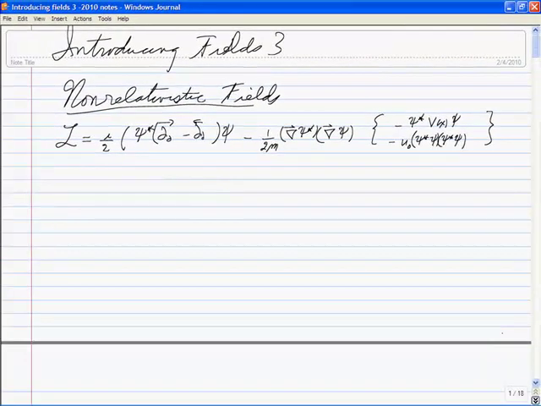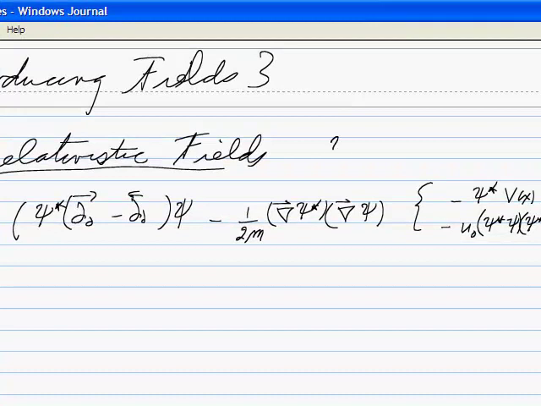Okay, so remember these are complex fields, so psi and psi star for Lagrangian purposes are treated independently, just like phi and phi star were. And so to get the equations of motion, you'd do the following.